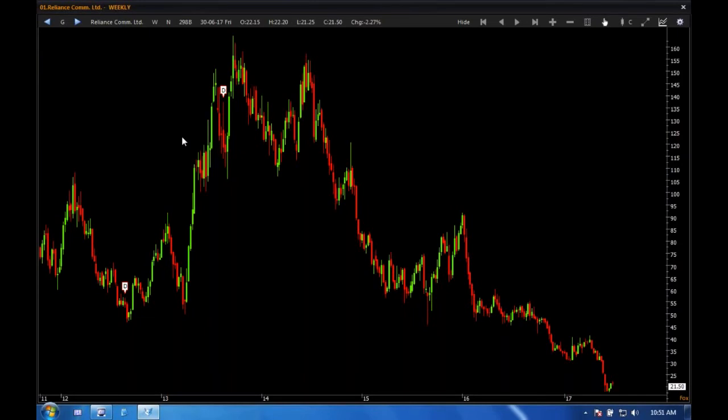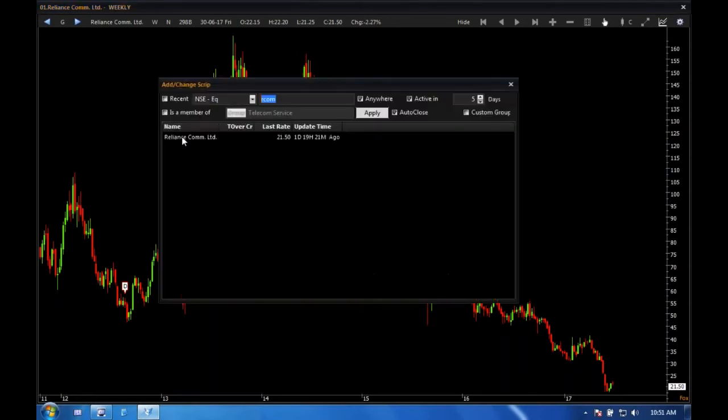This chart of RCOM has a natural edge to make money by shorting it. Do we short at 2150 is a different question. But our approach should be that the trend is on the downside, it's weak, it's far easier, it's twice as easy to make money out of RCOM by selling it.